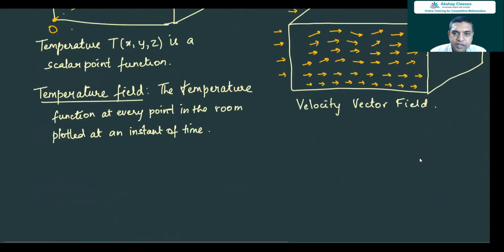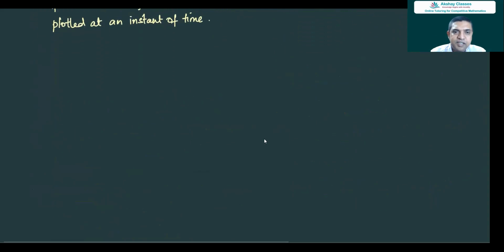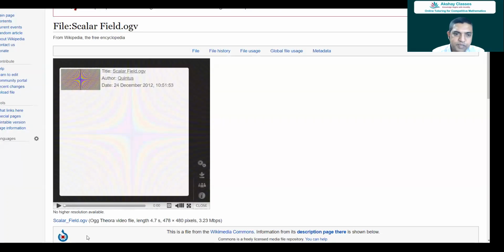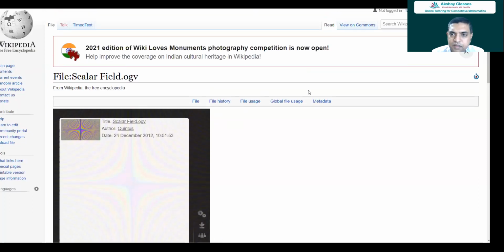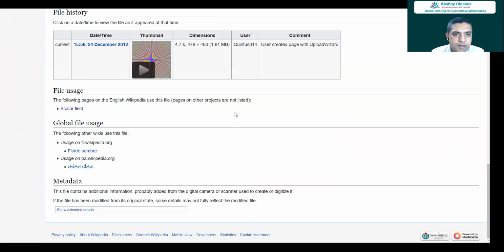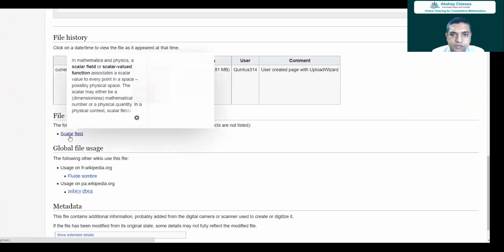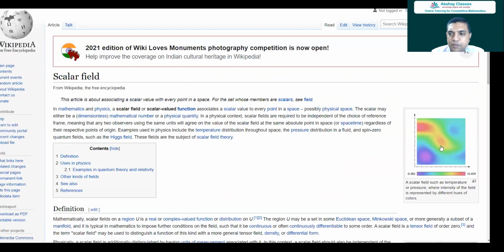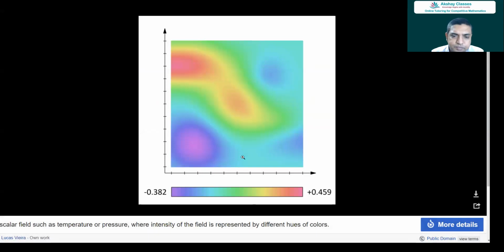So now to study these fields, we need to understand how the fields change from one point to another. For example, just now we saw this one.